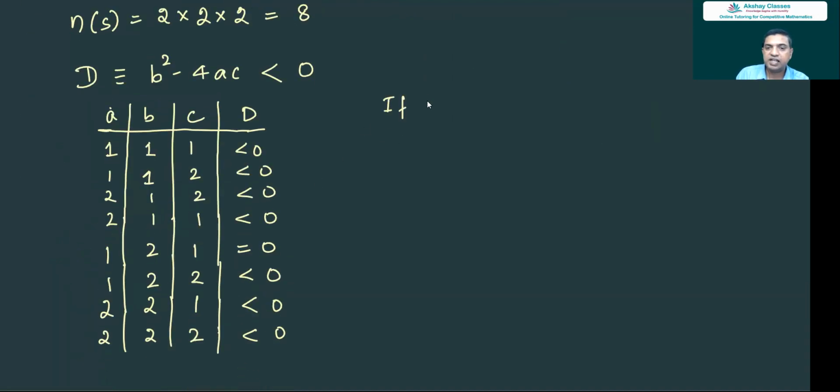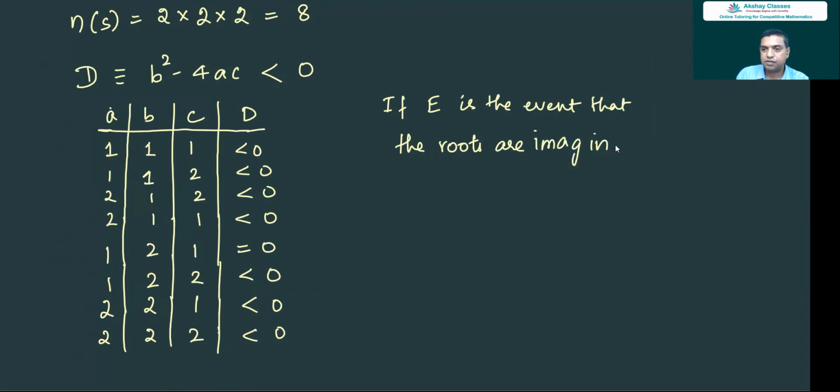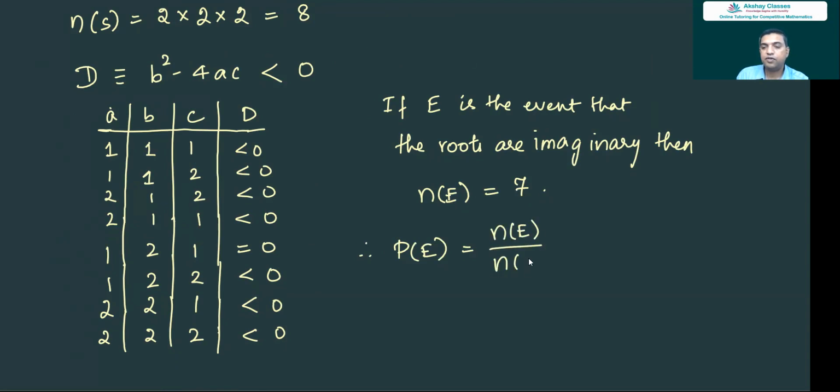So if E is the event that the roots are imaginary, then n of E is 7. Therefore, the probability of the event E is n of E by n of S. So it is 7 upon 8.